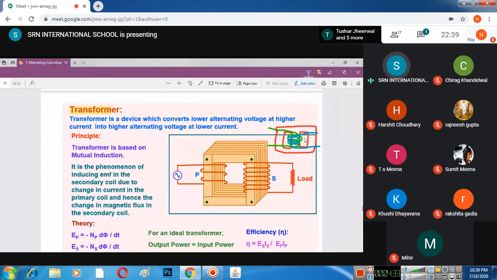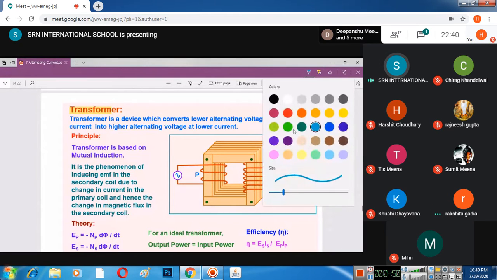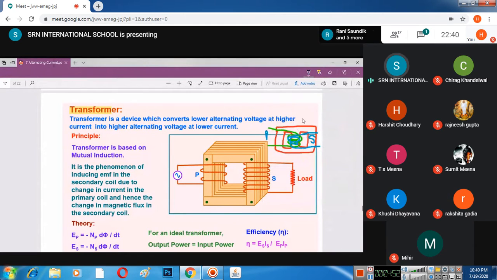This is the primary winding and this one is the secondary winding. You can notice the difference between the two transformers. This is a core type transformer and the upper one is a shell type transformer. Let me write the names for you here. This is a shell type transformer.